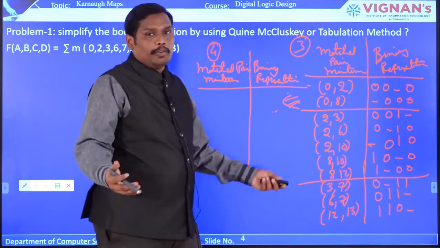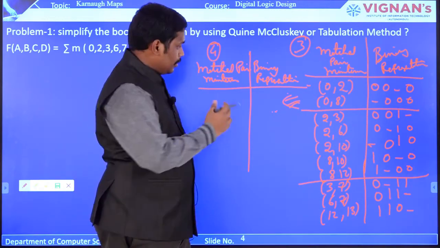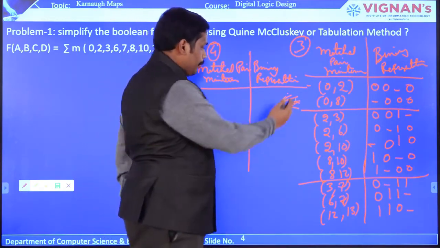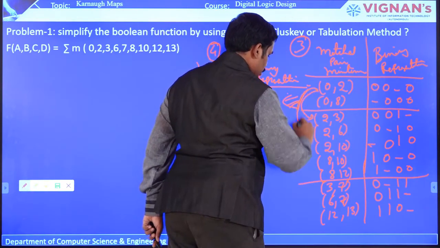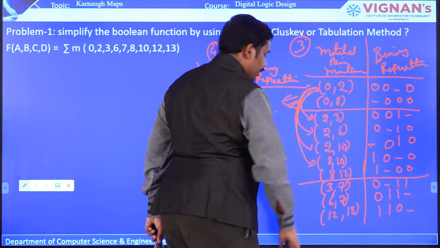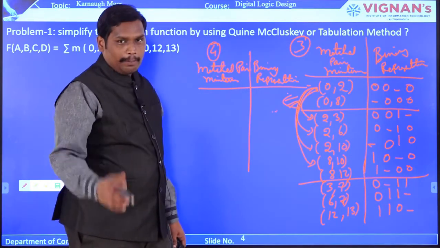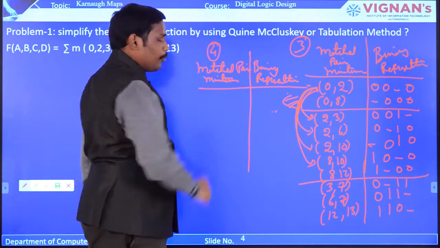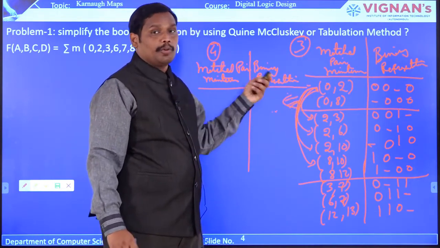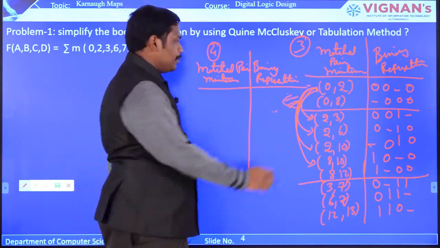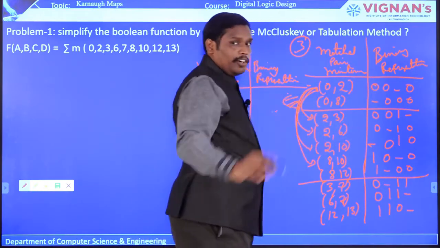Now again you have to make pair-wise checking from the successive groups. So you can compare this and this, and so on, right? If there is any chance of having a pair, that pair can be written in the fourth step, because the step is repeated until there is no further elimination of literals. Literals means the positions that cannot be eliminated.